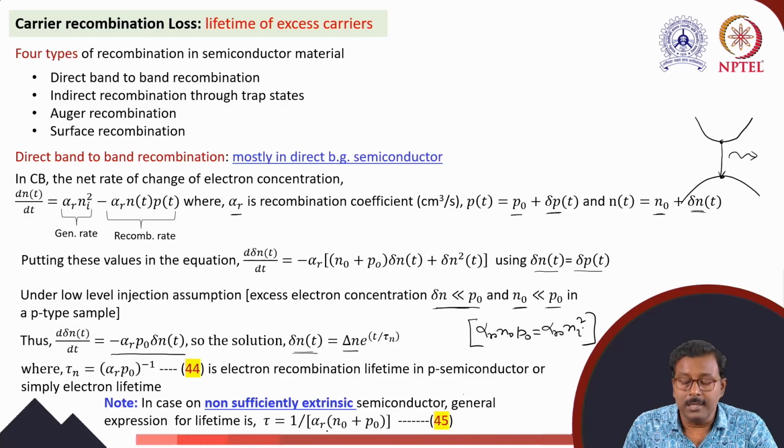This is the general expression, that will be 1 by alpha_r (n0 plus p0) in that case, which is approximated to this in case of a highly p-doped semiconductor, because here p0 is much greater than n0. But you cannot assume this if it is not sufficiently extrinsic. That means if the semiconductor is not heavily doped, these assumptions cannot be taken. In that case, you can use the formula for lifetime like this.